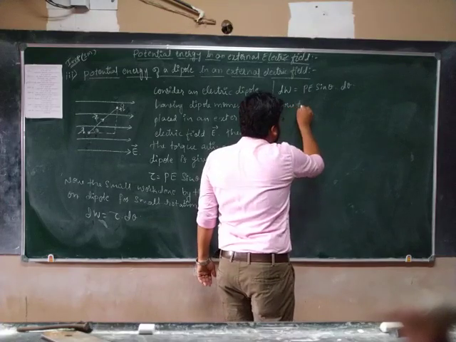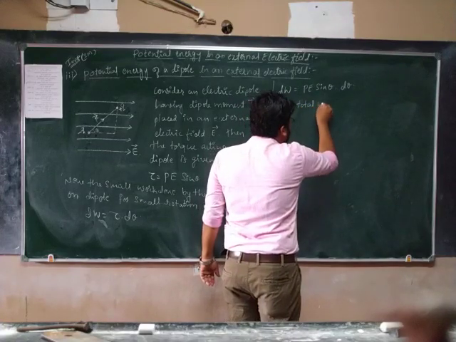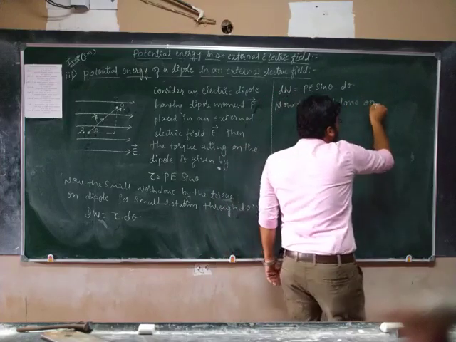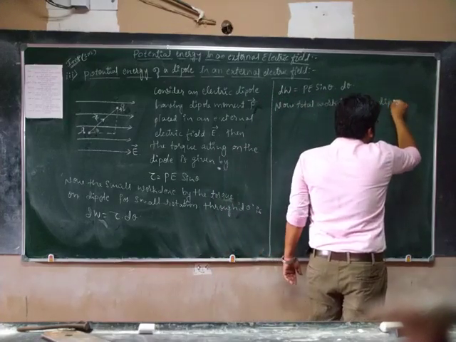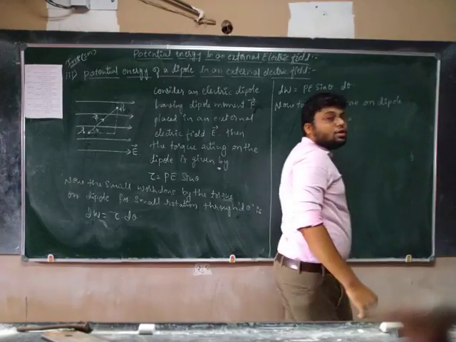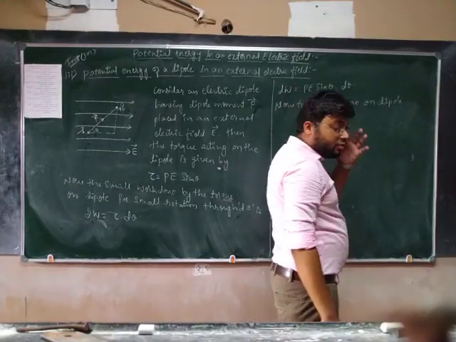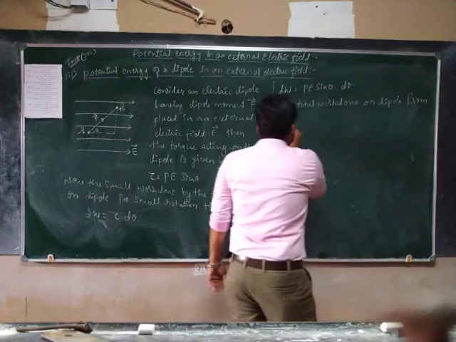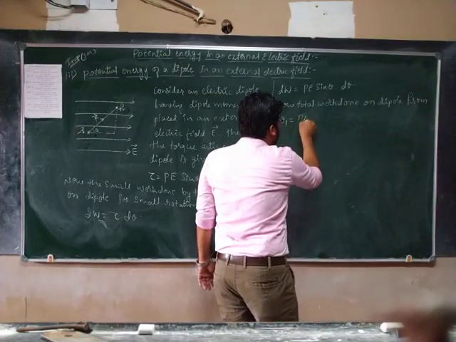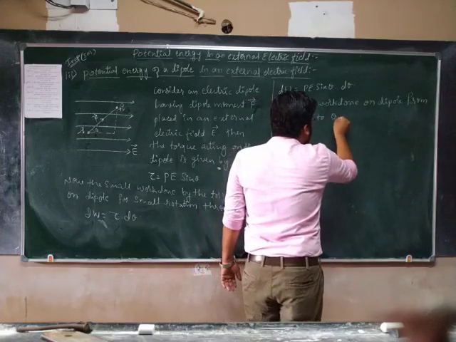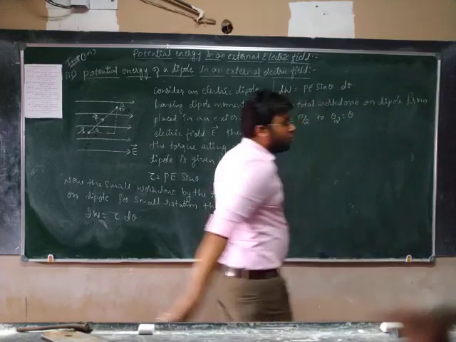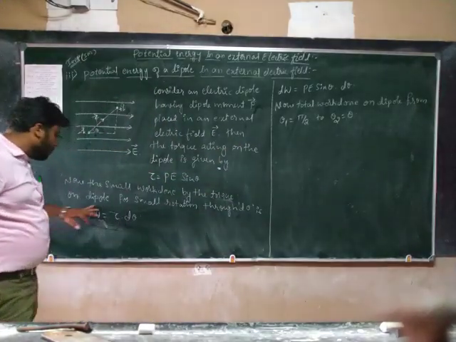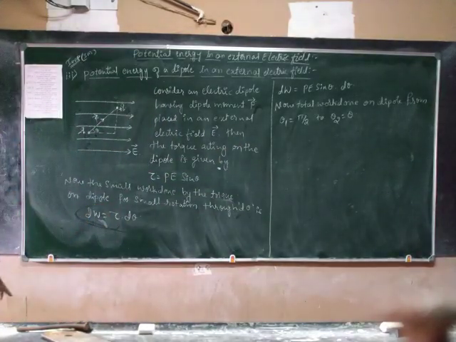Now the total work done on the dipole from the angle theta 1 equal to pi by 2 to theta 2 equal to theta. So we need to add all the small dW's.